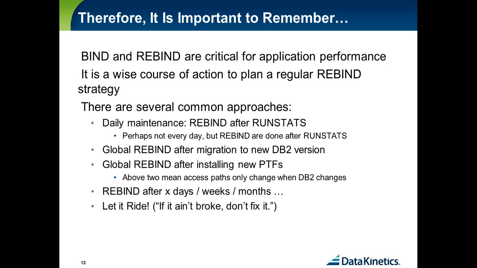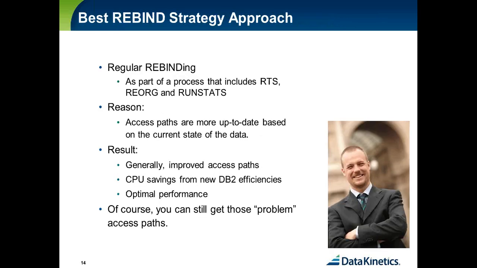One SQL statement or two perform worse than before you rebound. And that can be an issue. But in general, that's a bad approach, because what you're saying is, I'm so afraid of one or two bad access paths that I'm going to let everything else in the shop potentially suffer because I'm not rebinding it based on the new statistics. So the best rebind strategy is regular rebinding.